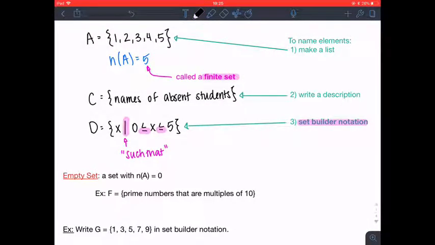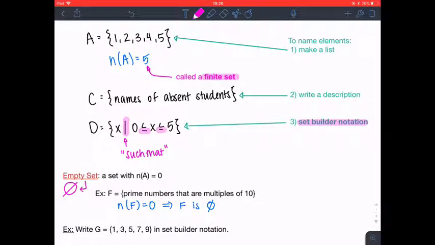Because there are actually no prime numbers that are multiples of 10, because then we would have more than one factor of that number besides 1 and itself, the number of elements in set F equals 0. What that means is that F is the empty set. And we use this symbol right here, which looks like a 0 with a line through it, to denote the empty set.